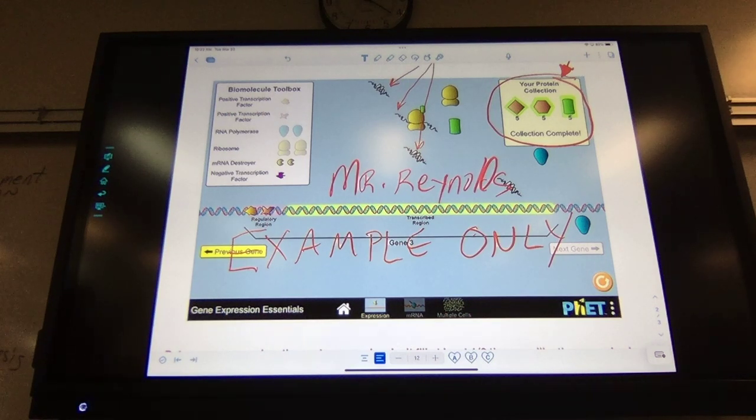And it's a really cool visual of what we just talked about with transcription factors, with destroyers. So this is how your genes are turned on and off with these 9 different mechanisms. I'll come around and help you to get started. I recommend that you get started just so that when you pick it up again later, you can finish this in a matter of minutes.